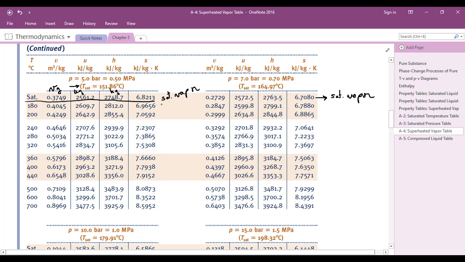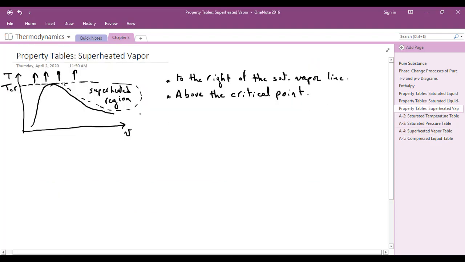So let's first try to determine what are the conditions for a state to be in a superheated vapor state. When can we say that the substance is in a superheated vapor state, or is located in the superheated vapor region?